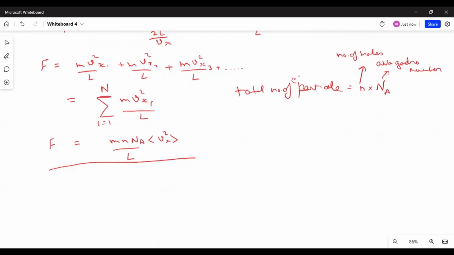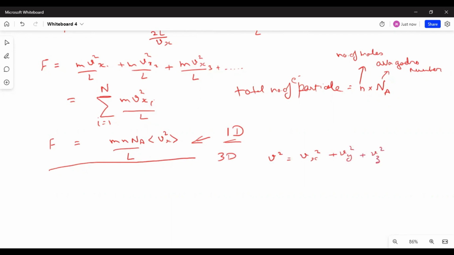Now this equation was for 1D. For 3D, the velocity squared is the x component plus the y component plus the z component.